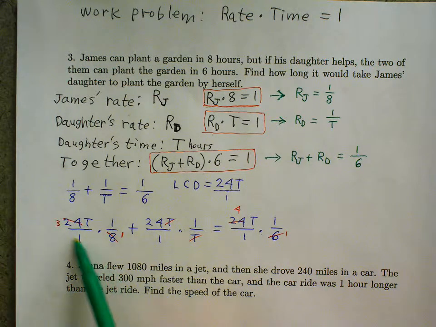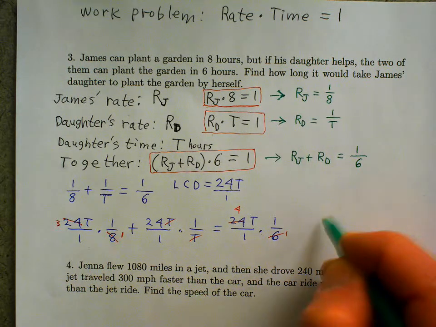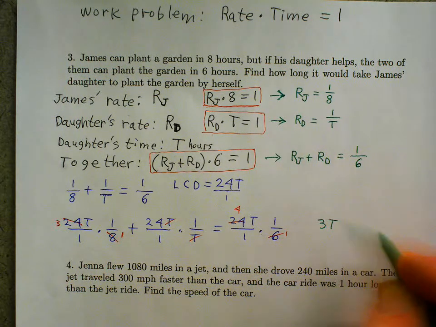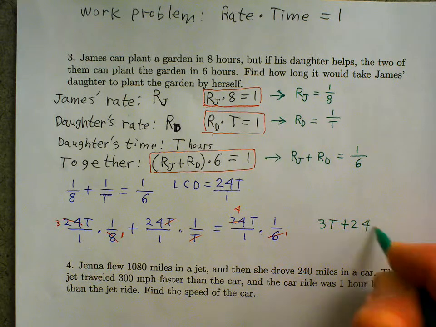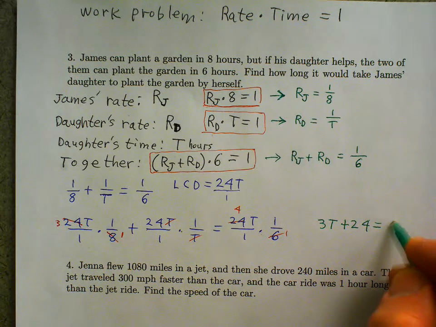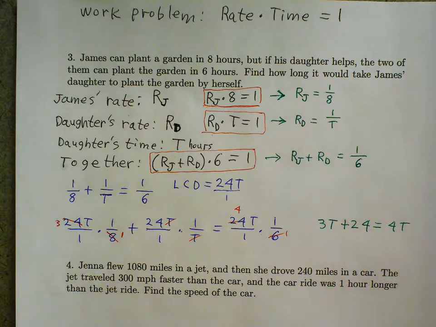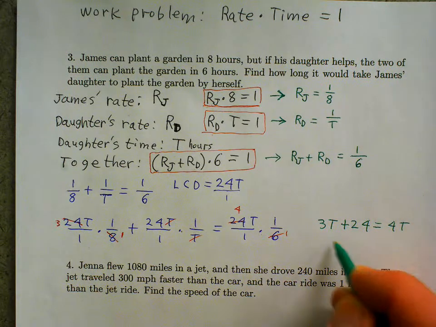So what we end up with is 3t plus 24 equals 4t. And then subtract 3t from both sides, we get t equals 24.